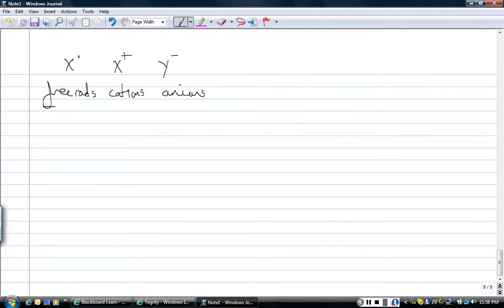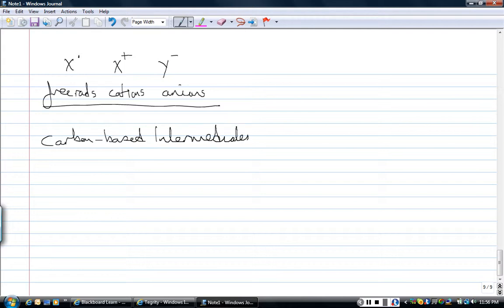It turns out that carbon can actually form these 3 species, and those 3 species will form the basis of what we call carbon-based intermediates. So the carbon-based intermediates, in other words, intermediates that carbon forms, are free radicals.